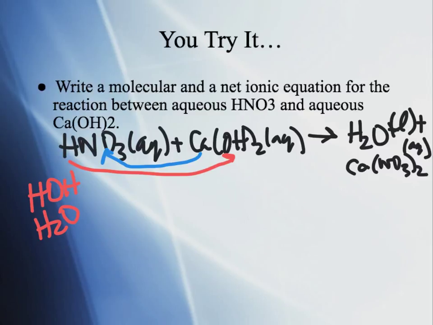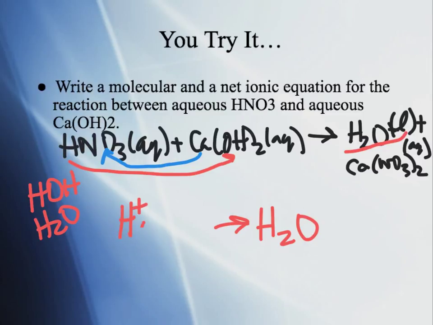All right, and so what we need to do is also the net ionic equation. And remember, the net ionic equation just shows us which parts are actually involved in the chemical reaction, not the spectator ions. So here's a little trick. Whenever you're doing net ionic equations, look for the product on the right-hand side that either has an L or an S. In this case, water is our L. That's going to be our product. And which ions have to make H2O?